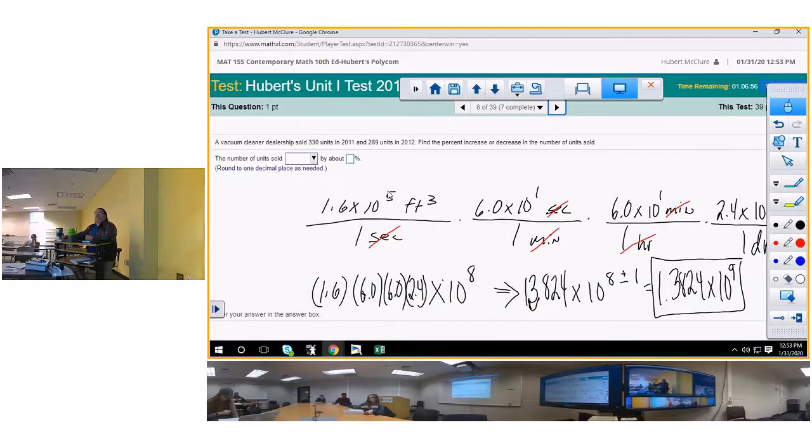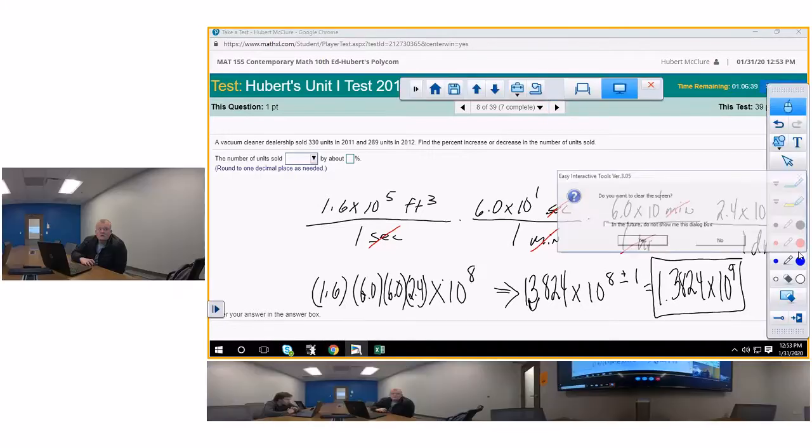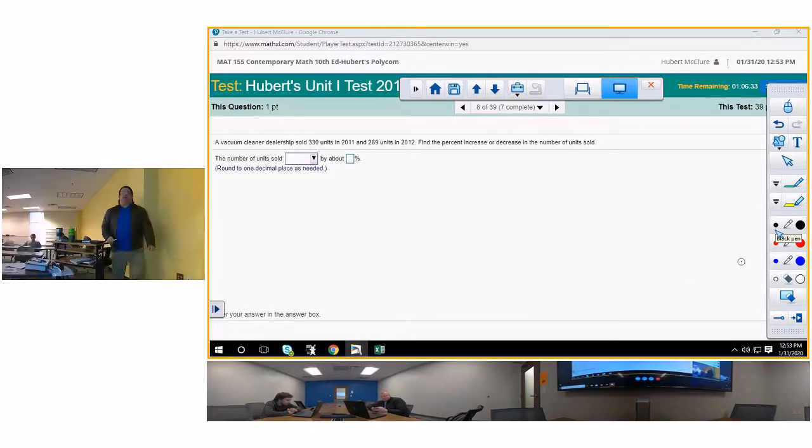A vacuum cleaner dealership sold 330 units in 2011 and 289 units in 2012. New minus old over old, multiplied by 100. Do it. It's kind of bunching some of these up. It's supposed to be asking like bonus questions in between.